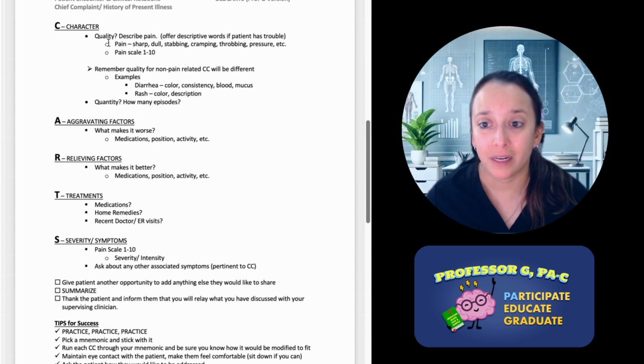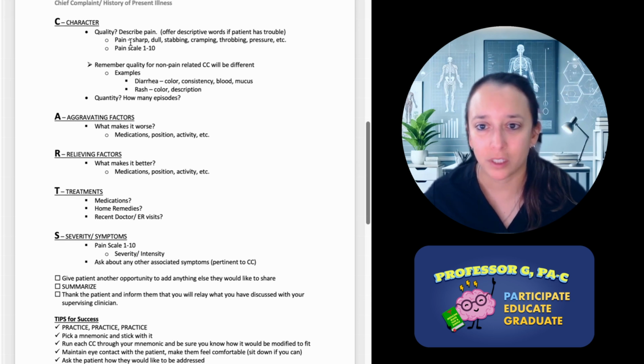If they don't understand what you're asking, and often patients don't, offer descriptive words as kind of options, like a multiple choice question, right? So pain: sharp, dull, stabbing, cramping, throbbing, pressure. Okay, and that's description for pain. Now, if it's a cough, you want to ask dry or wet, right?